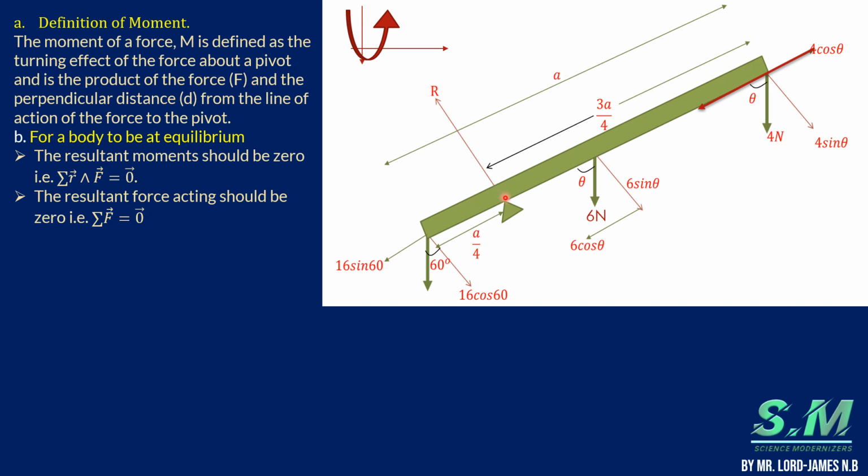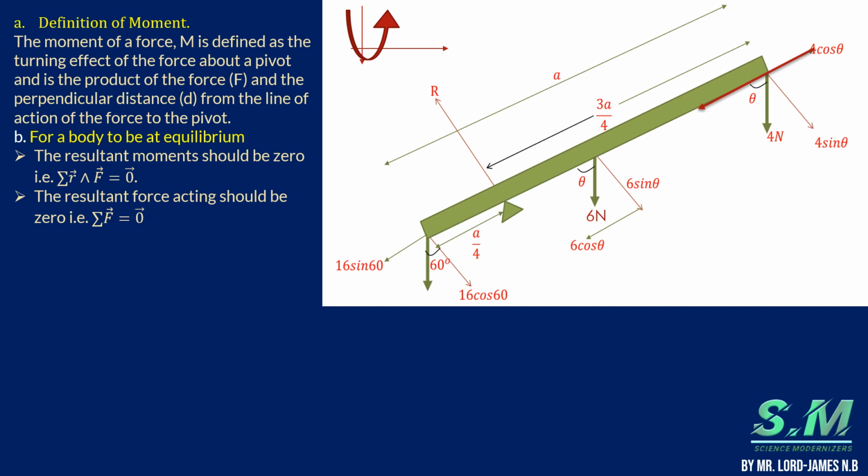Since R is an unknown and theta is an unknown, if I take moments about this point, I'm definitely going to cancel out this R. It's not really going to complicate my equation, since I'm going to have just a single unknown, which is theta. But if I take moments at other points, then I might have this R in my equations, which can give you more complex equations. So each time you are taking moments, always try your best to eliminate the maximum unknowns from the point at which you are applying your moments.